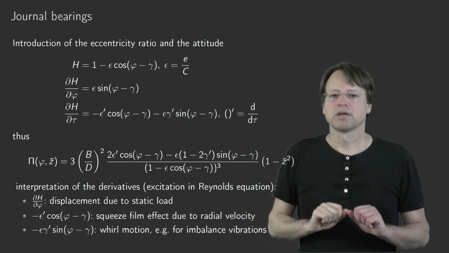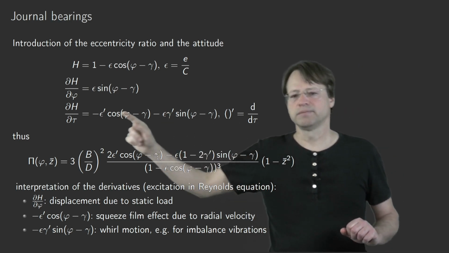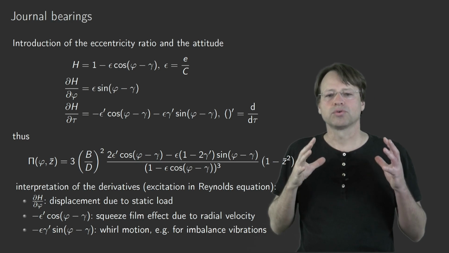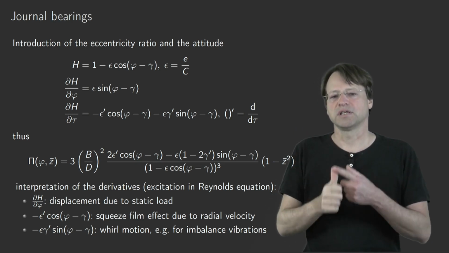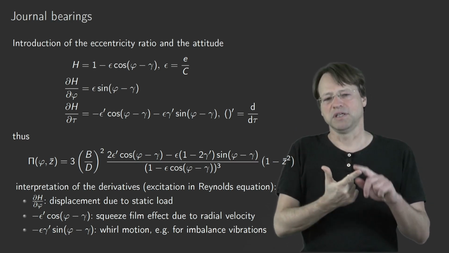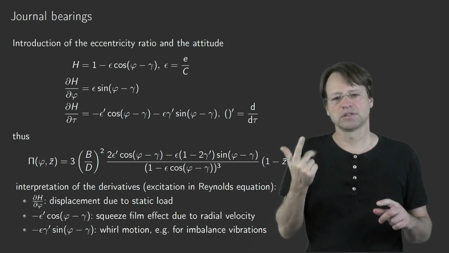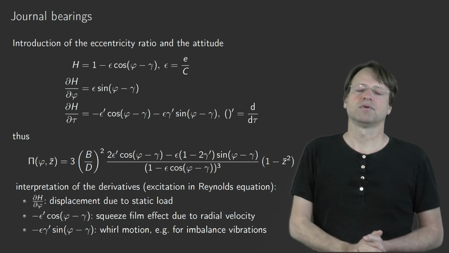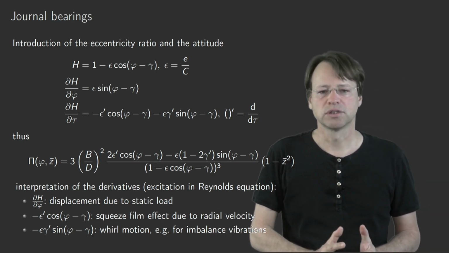So in summary, you see that the pressure, albeit here the dimensionless pressure, is due to 3 effects. It's due to a static load, it's due to a squeeze film effect due to radial velocity, and it's due to a whirl motion, which is of importance, for example, for imbalance vibrations.